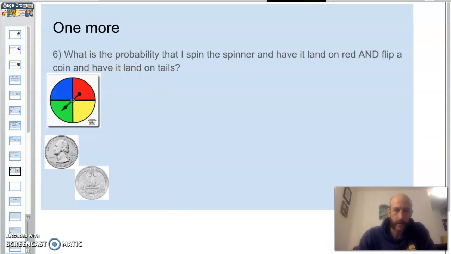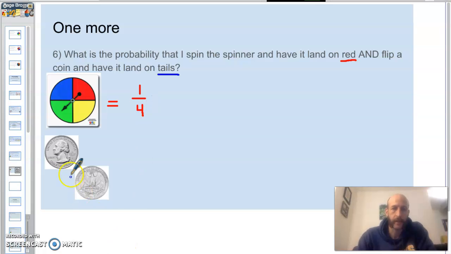Number 6 says, what is the probability that I spin the spinner and have it land on a red, and flip a coin and have it land on tails? First I'm going to look at the spinner. The probability of getting a red is 1 out of 4. There are 4 options, only one of them is red.